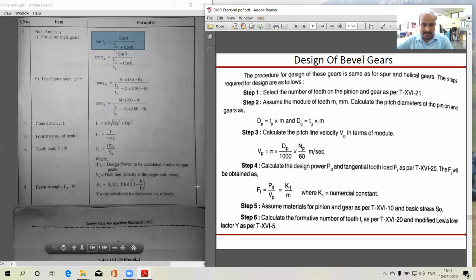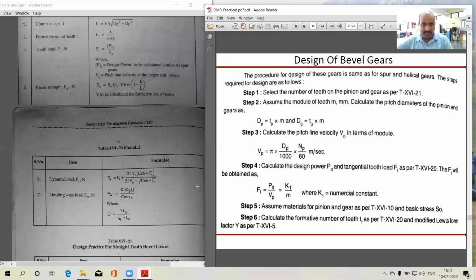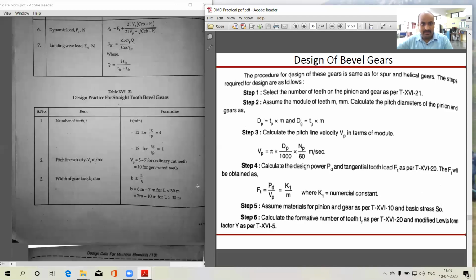See, just below that table, the minimum number of teeth, T minimum, the formula is given for TG upon TP, where TG is the teeth on gear and TP is the teeth on pinion. If the ratio is 4, then we have to take the number of teeth on pinion as 12.